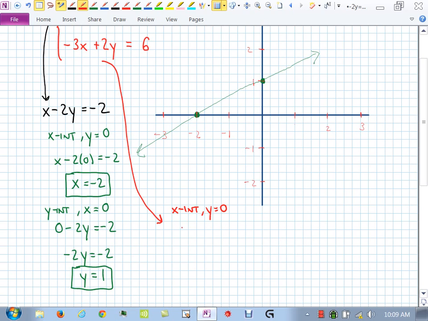If I set y to 0, I get -3x equals 6, which means x is what? -2 again. Okay. What about finding the y-intercept? Set x to 0. If I set x to 0, I get 2y equals 6. So y is 3.